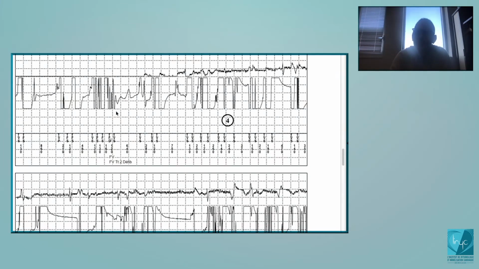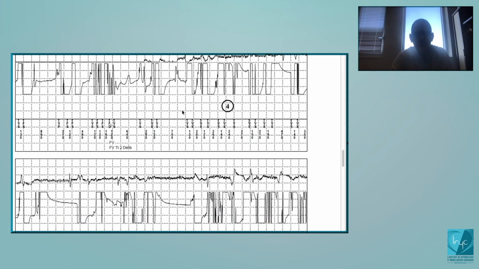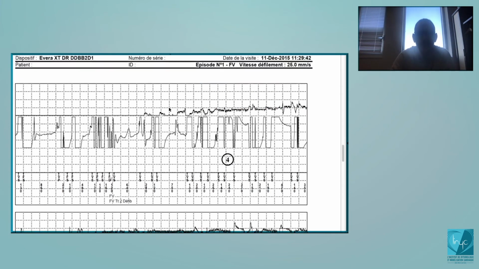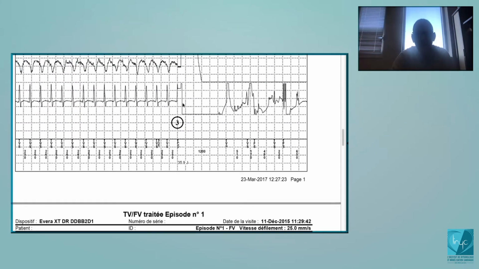Of course, you are in the VF zone, so you need to be careful. If you say this is not a real arrhythmia, you need to have 100% specificity and sensitivity here, because you don't want to not deliver a shock if this is a real ventricular fibrillation. But what happens here is that the shock delivered revealed the lead dysfunction.